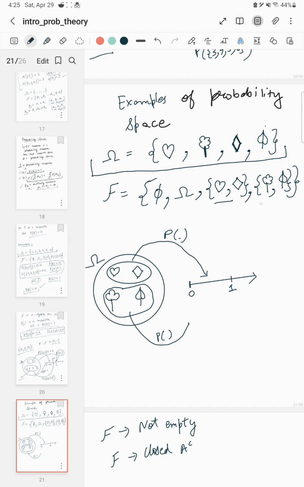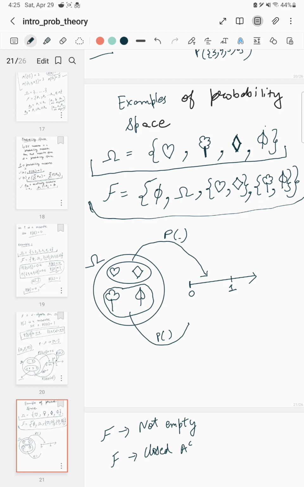So we can see that in this sigma algebra F, we have basically defined 4 types of events. The first event is that any of the cards can come up: heart, spade, diamond or club. We have a null set, which is an event that none of the cards comes up, an impossible event. We have one more event such that a red card comes up, and another event which means a black card comes up, either spade or club.